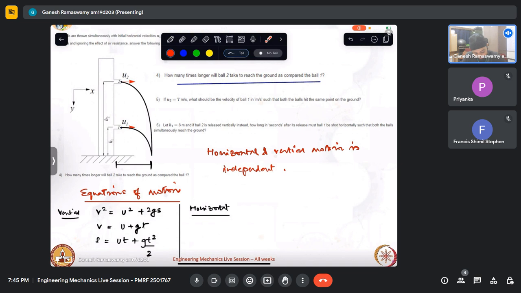The second one says that let the height be 3 meters. If this is 3, naturally the greater one is 6. And if ball 2 is released, just released, from here, with u2 0, it is just released like that.